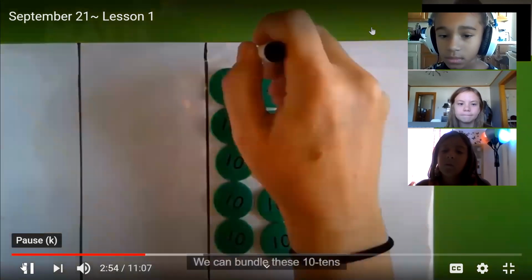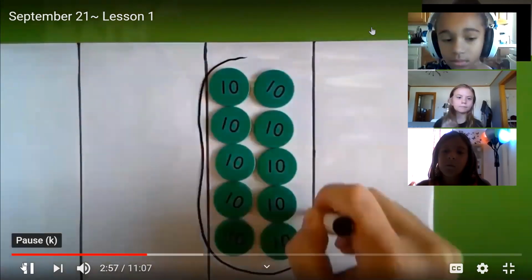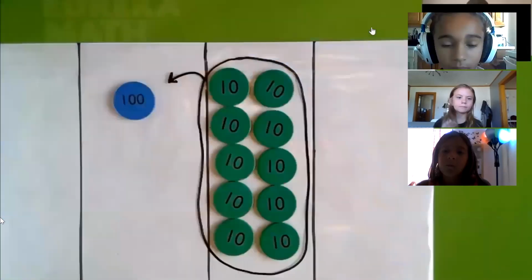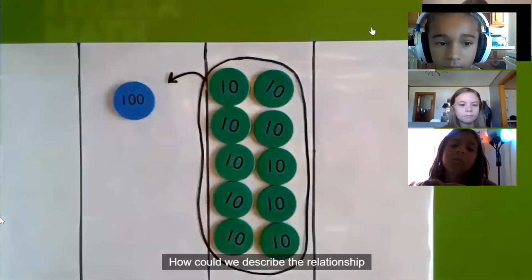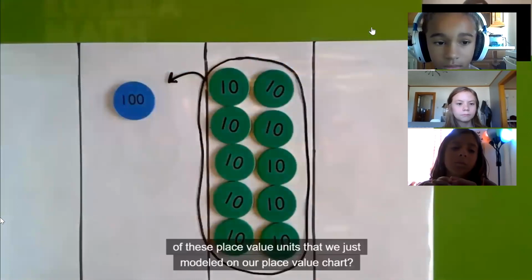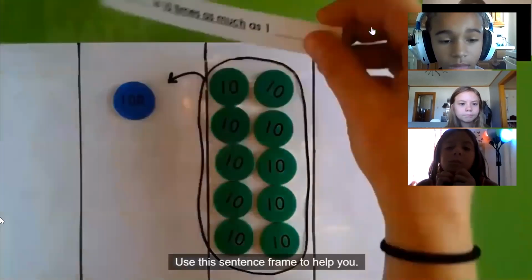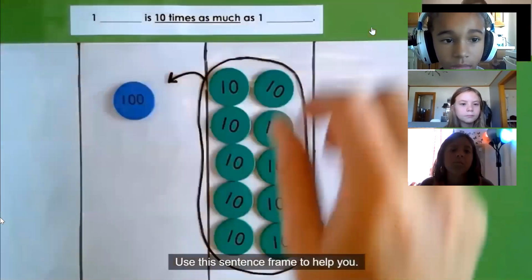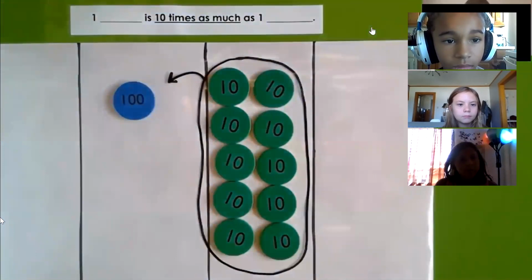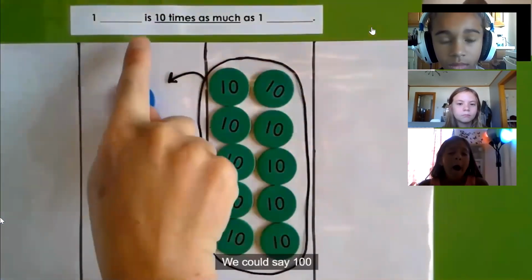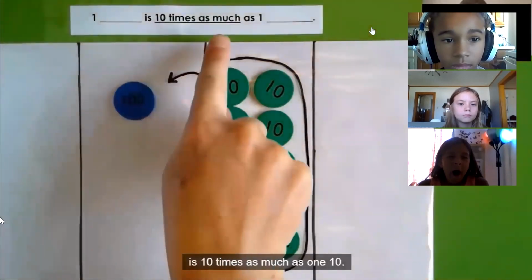We can bundle these 10 10s to make the new larger unit of 100. How can we describe the relationship of these place value units that we just modeled on our place value chart? Use this sentence frame to help you. You could say 100 is 10 times as much as 10.